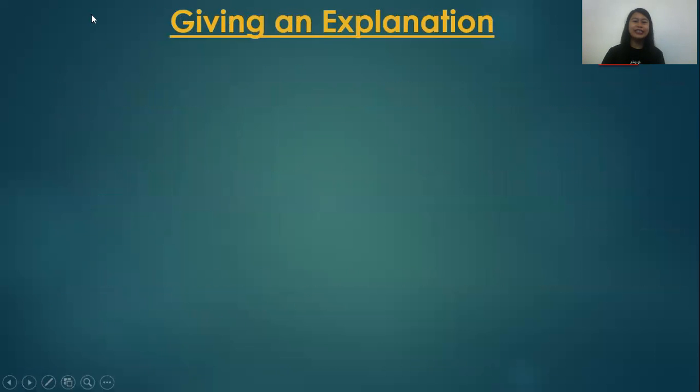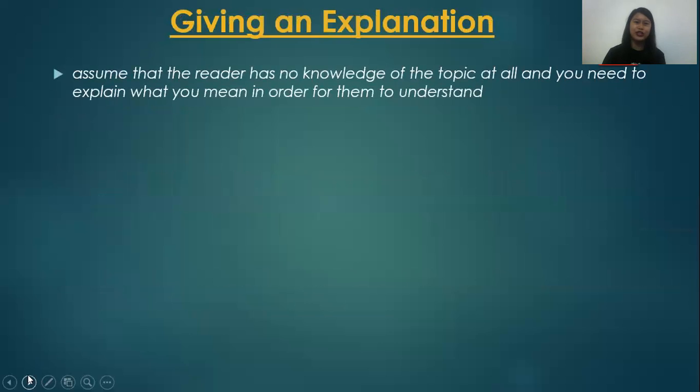Now, how about giving an explanation? When you give an explanation, you should assume that the reader has no knowledge of the topic at all, and you need to explain what you mean in order for them to understand. Some students actually think that the examiners already know their point, already understand their point.